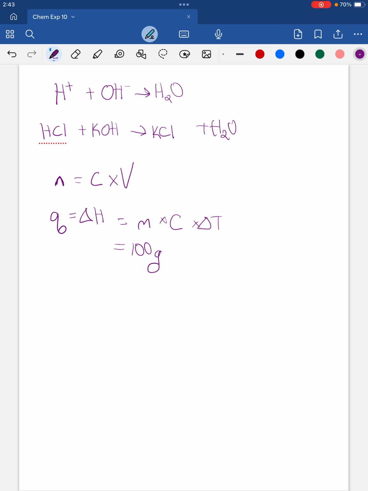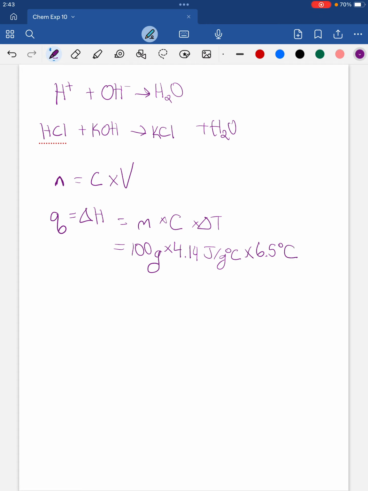We're making water and a salt, right? C is the heat capacity, and again, we're going to say it's the same as water, 4.14 joules per gram degrees Celsius, times whatever your delta T was. So maybe it's around 6.5 degrees Celsius, whatever yours was.